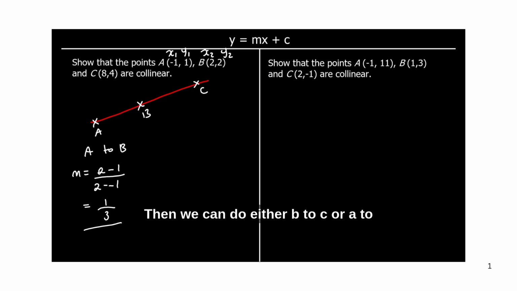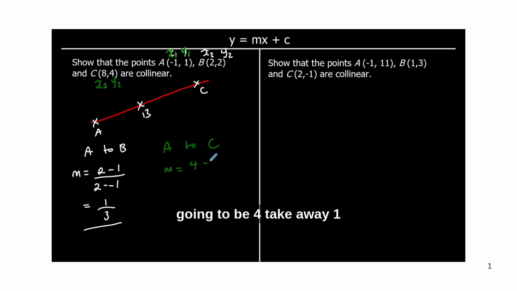Then we can do either B to C or A to C. Let's do A to C. So we'll have x1, y1 again, and this time it's x2, y2. So the gradient of A to C is going to be 4 take away 1 over 8 take away negative 1, which is 3 over 9, which is the same as a third.